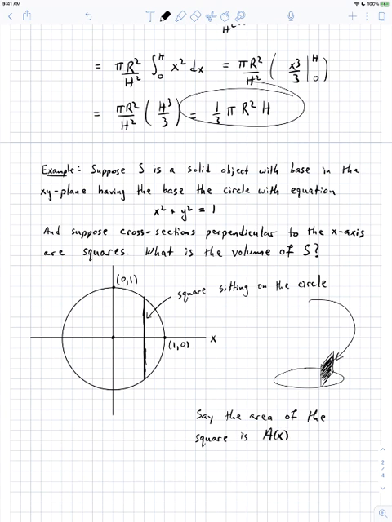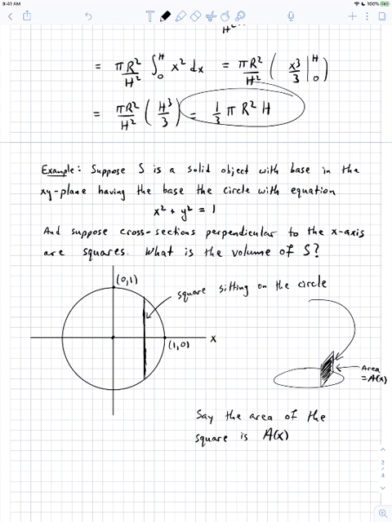So that's the area of this object right there. Area equals A(x). That's the area of that square. Now it's a square, so it's length times width. But length and width are the same because it's a square. So if you can figure out what the width is, then you just square it and that will give you the area.